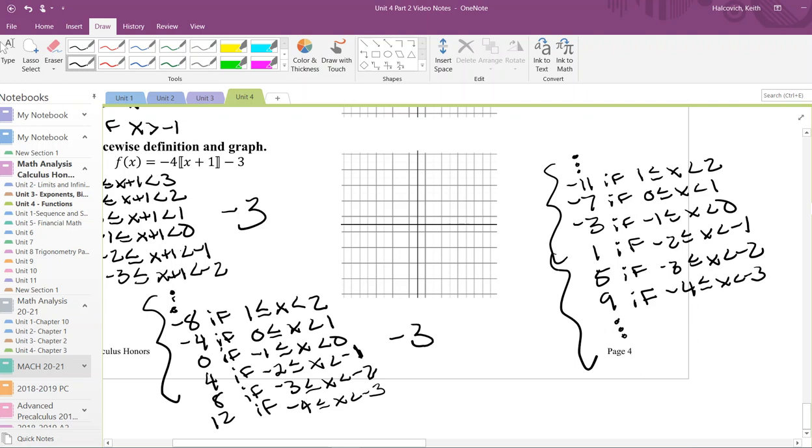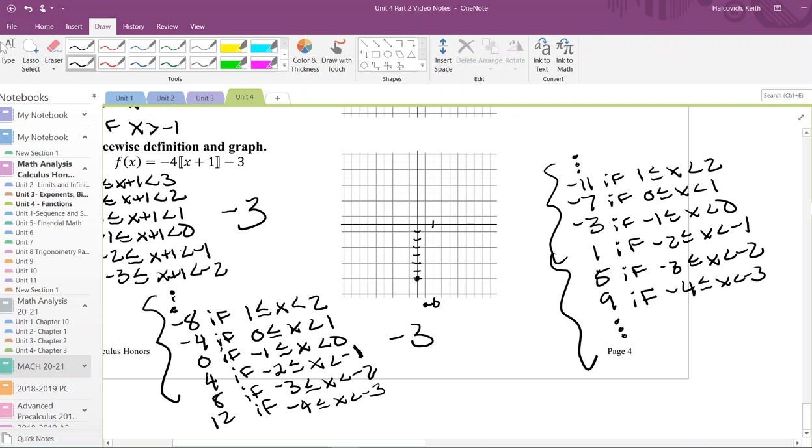So when you graph this, between 1 and 2, it's going to be at -11. So you're going to have a dot and then an open circle. And then between 0 and 1, it's at -7. So 1, 2, 3, 4, 5, 6, 7.